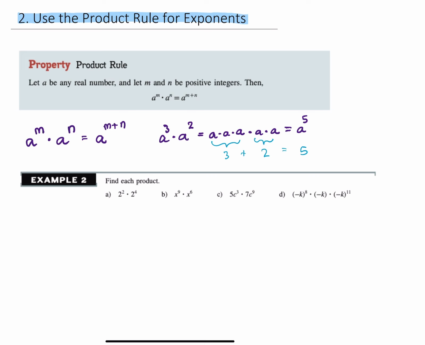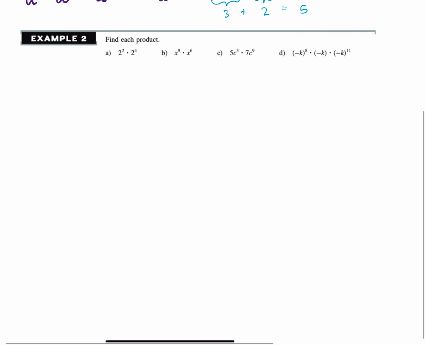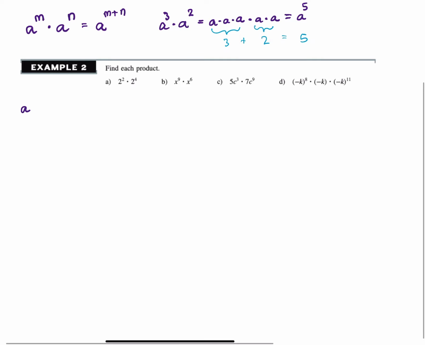So let's do a couple examples. For A, we have 2 squared times 2 to the 4th power. That's like 2 2's multiplied by 4 2's, so there should be 6 total: 2 to the 6th power, which if we evaluate that, we should get 64.